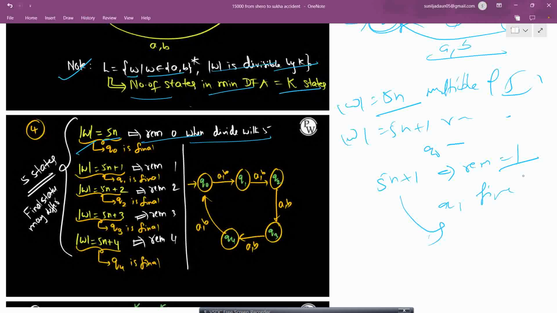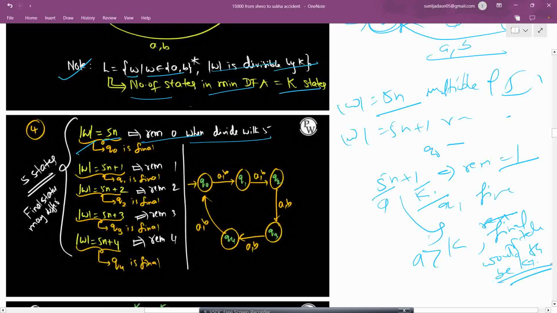It will go on like this. Let's say this is K and this is what we say A. Whenever A is greater than K, the remainder final state would be the Kth state. So this is how we do this, with 5 final states.